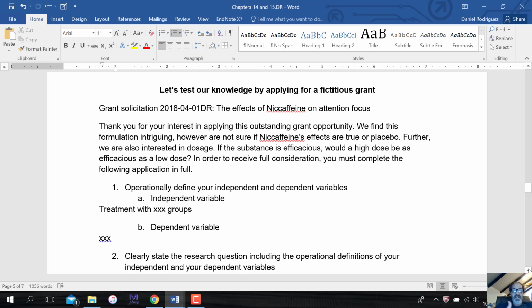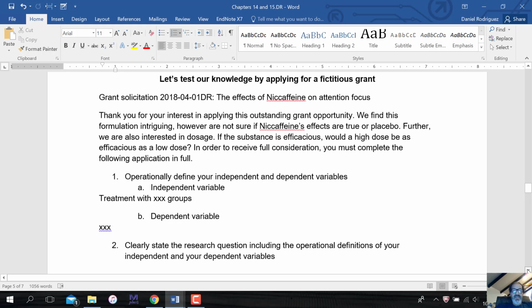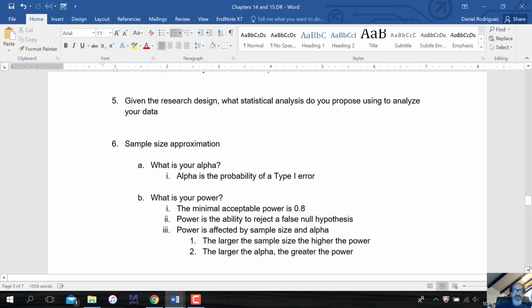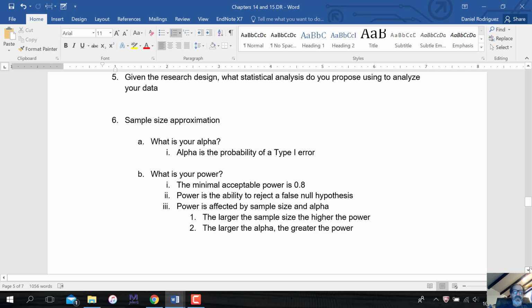Some of you may not do well on the mathematical part of this course, so I'll give you this opportunity. It's a fictitious grant. Grants are applications to provide money to conduct studies. So I created this fictitious grant. I want you to answer every single one of these questions here. You should be able to do this based on what we've talked about in this course.